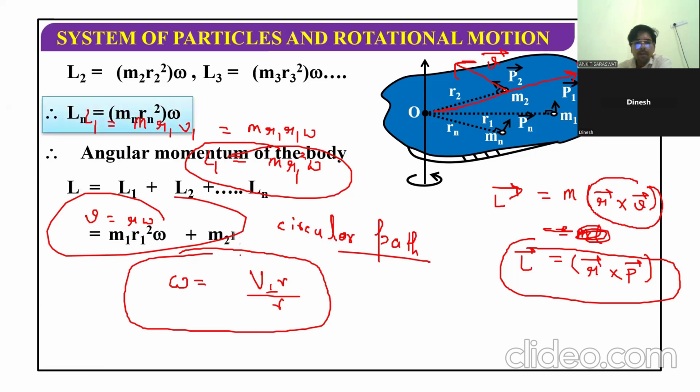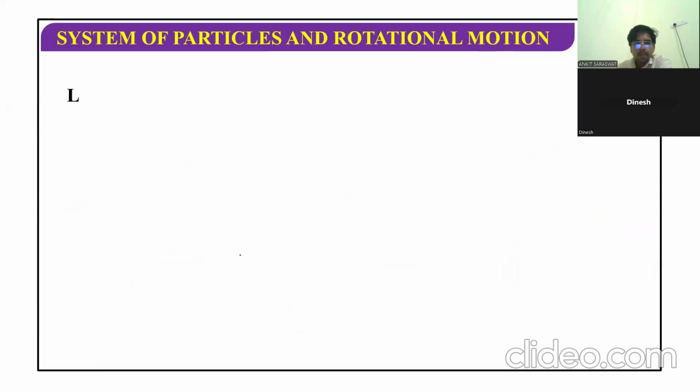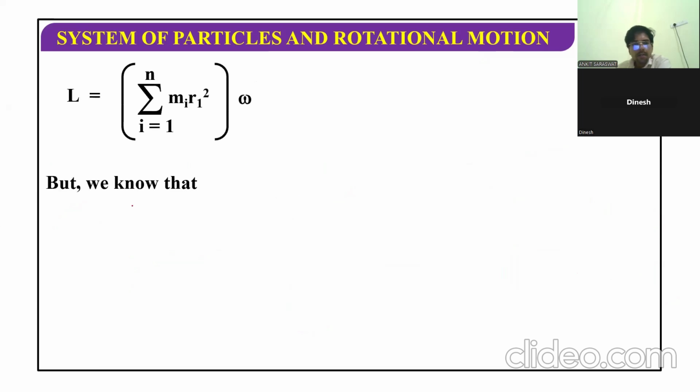So the angular momentum of the body will be L1 plus L2 plus up to Ln, the summation of this. And what is this? m1 r1 square is the moment of inertia of a single particle. For the ith particle, m_i r_i square.